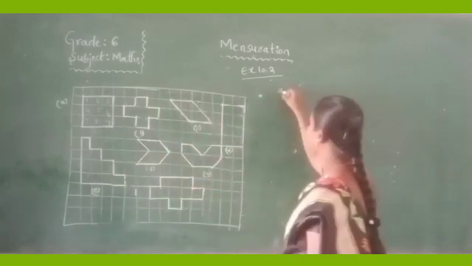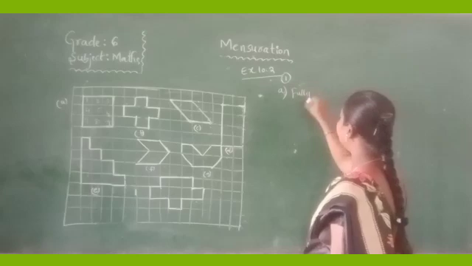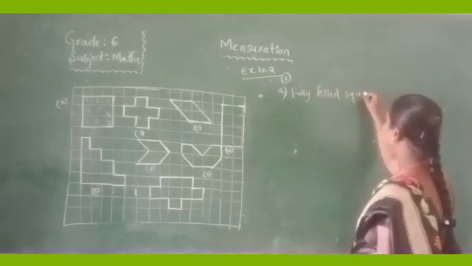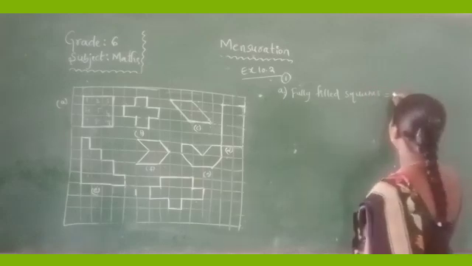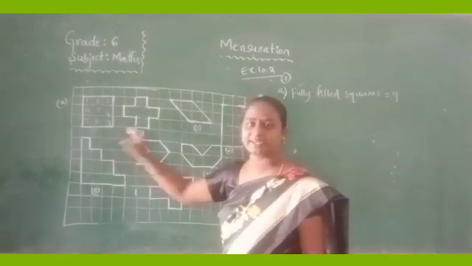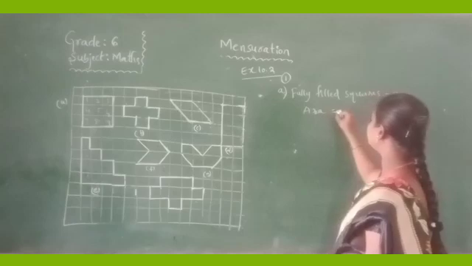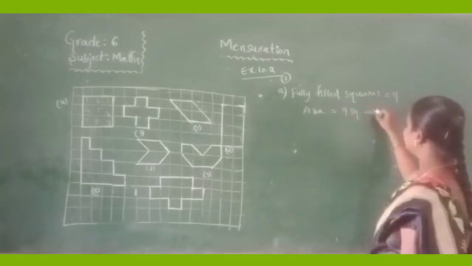So total fully filled squares are 9. Total 9 complete full squares are there. Then what is the area? Area of that figure is 9 square units.